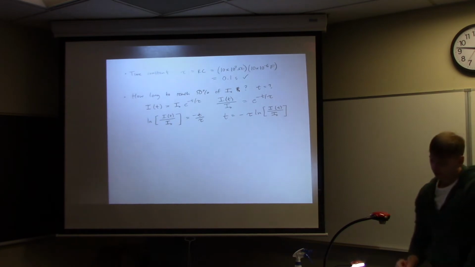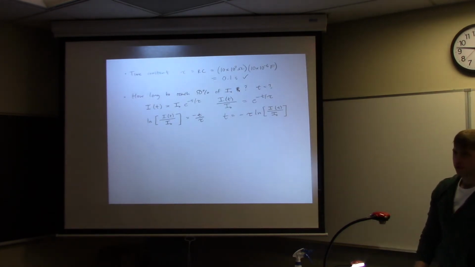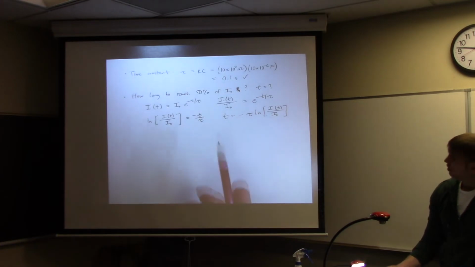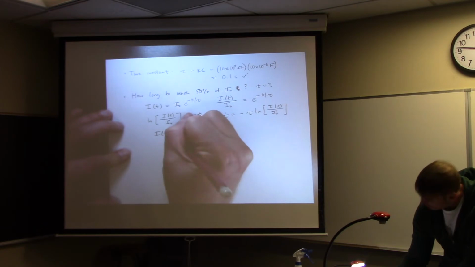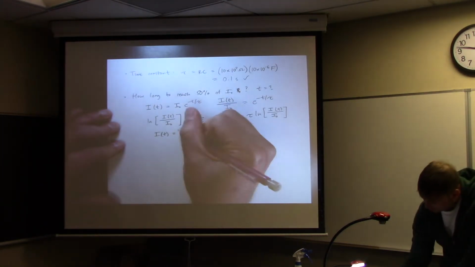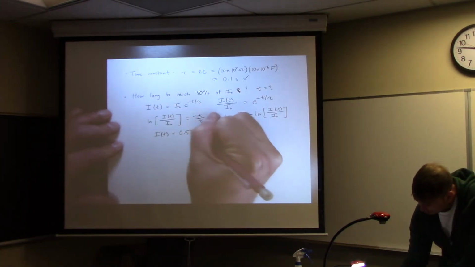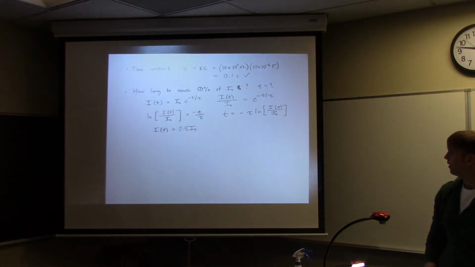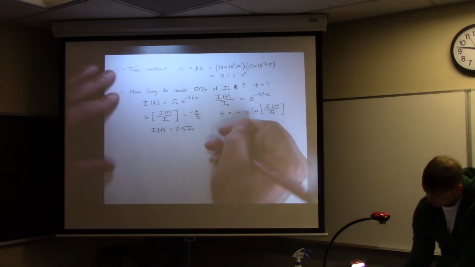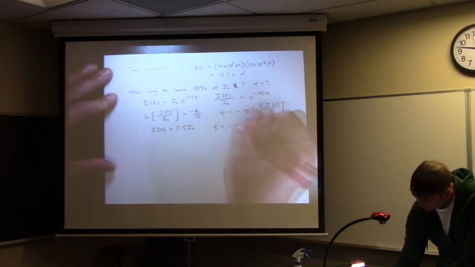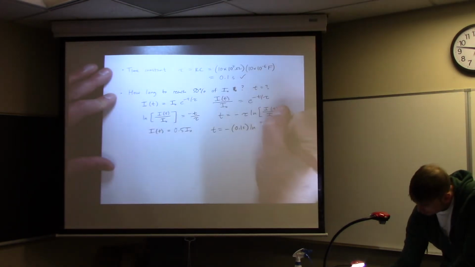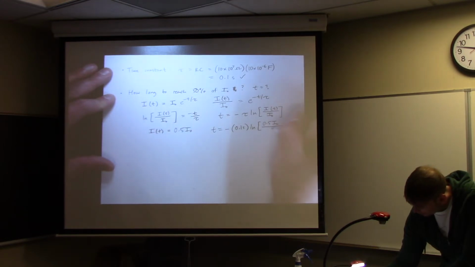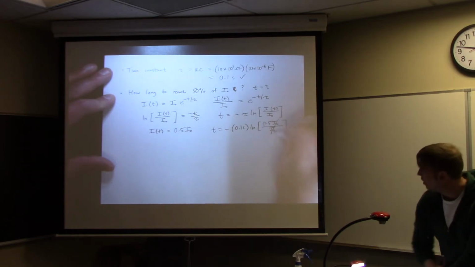Okay, so in this case, what are we going to actually plug in for the current? Well, we're going to plug in 50% of I naught, or in other words, as a fraction, not a percentage, this is a half, or 0.5 of I naught. So then the time ends up being minus 0.1 seconds for tau, natural log of 0.5 times I naught over I naught, so we're just going to cancel those out.